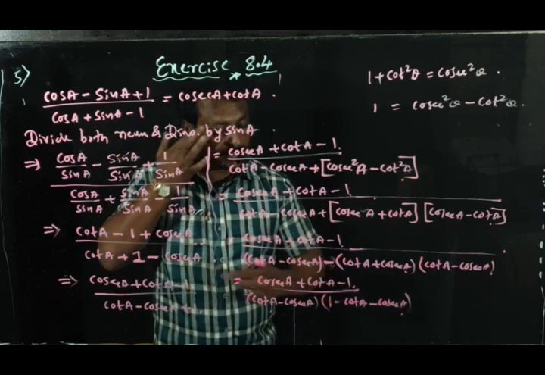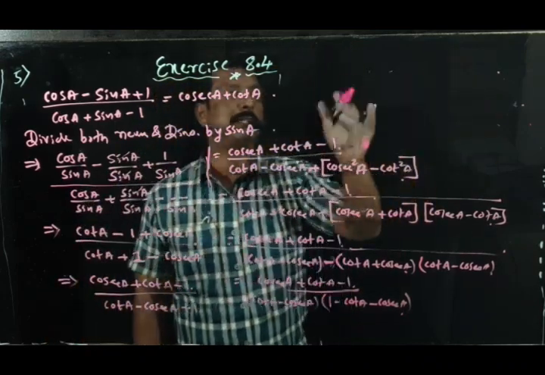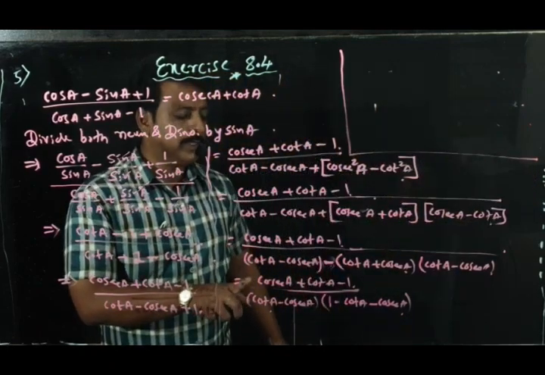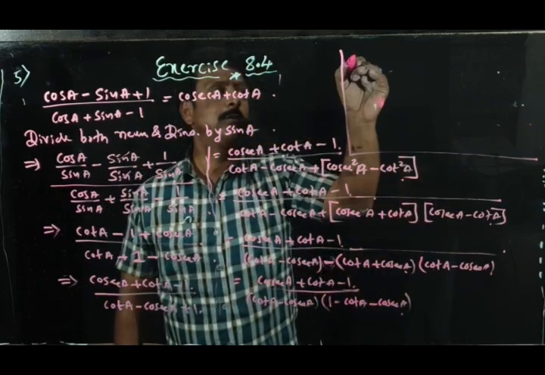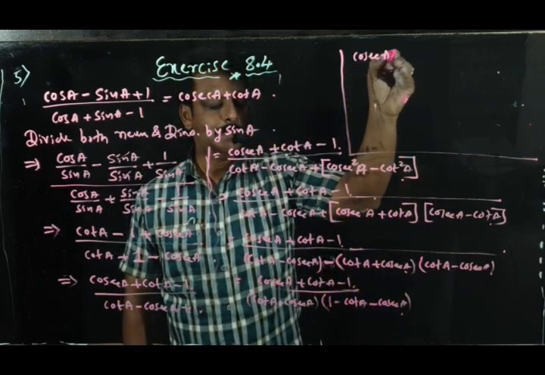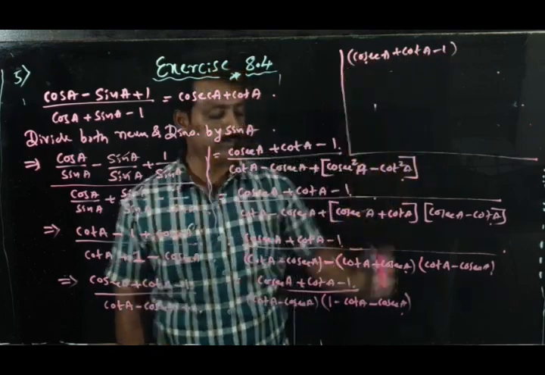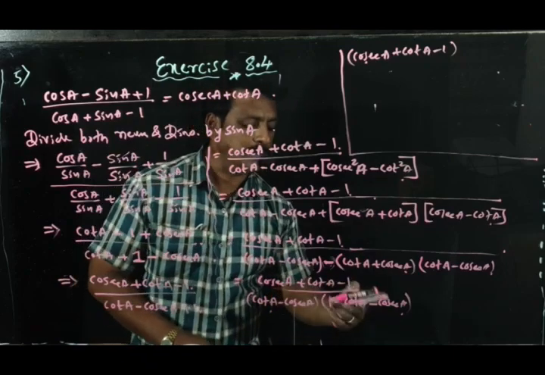To change its sign, I am going to change something here. What I am going to change? Observe here. This one, cosec A plus cot A minus 1, I am keeping as it is. I am going to make this also ulta, this also ulta.